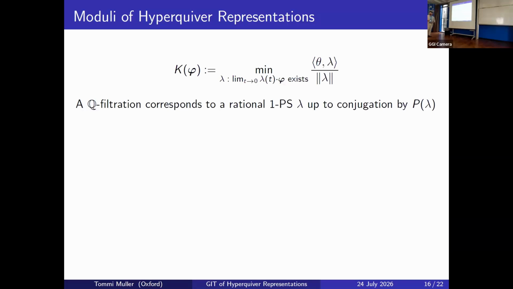So the explanation is that these are just translating what it means to be a one parameter subgroup for which the limit exists.